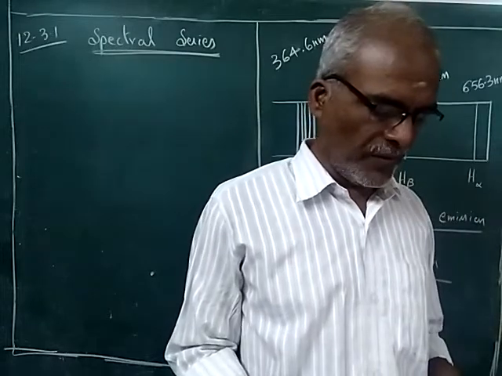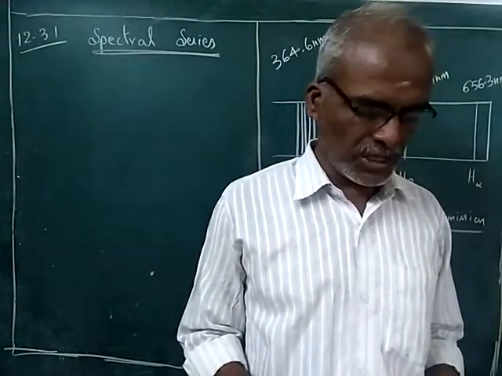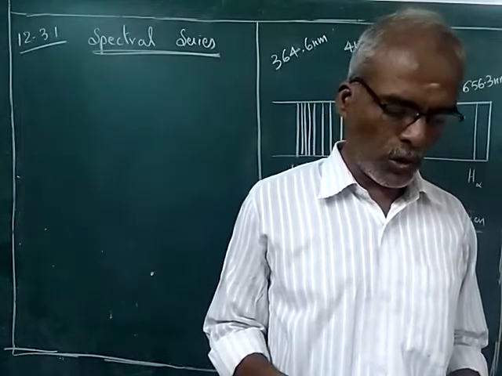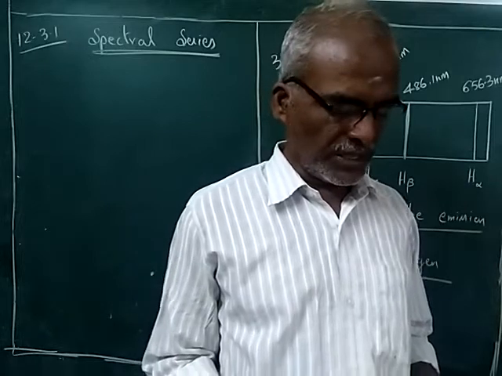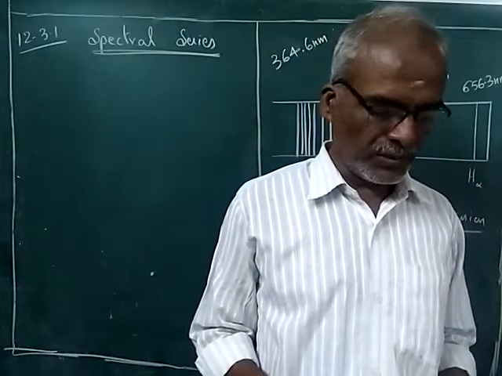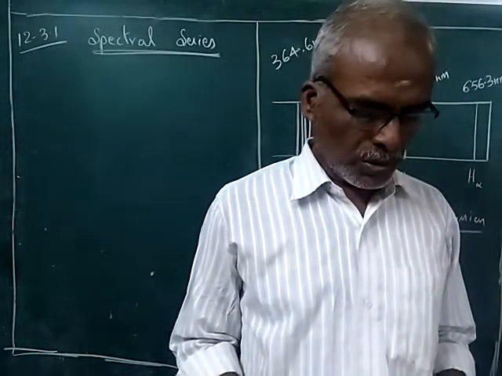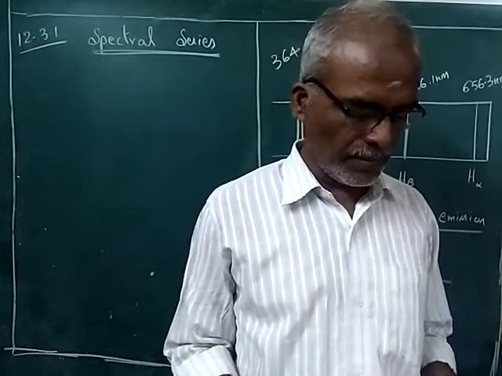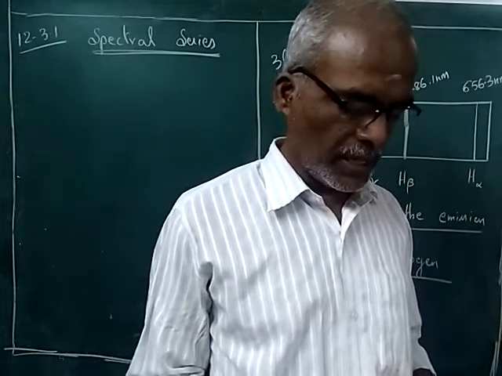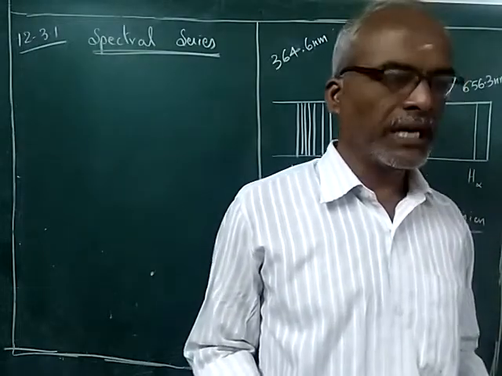In 1885, the first such series was observed by Swedish school teacher Johann Jacob Balmer, 1825 to 1898, in the visible region of the hydrogen spectrum. So the Swedish school teacher named Johann Jacob Balmer did research in the visible region of the hydrogen spectrum.